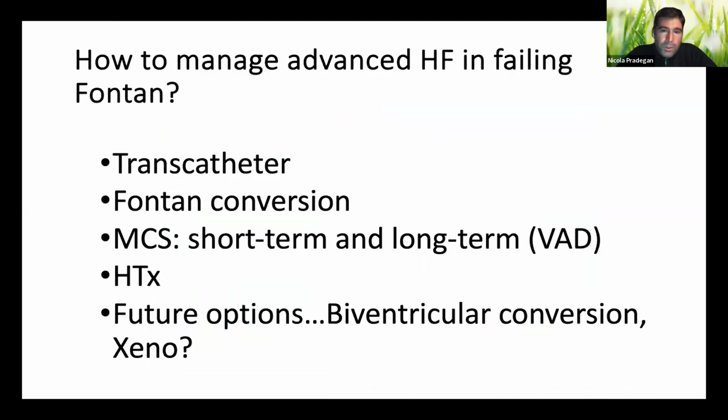And so today we will talk not only about heart transplantation, but we will mention transcatheter procedures, Fontan conversion, the role of mechanical circulatory support, both short-term and long-term, even if I don't think that long-term in this case is the right word. And then just a couple of words regarding future options such as biventricular conversion and xeno.